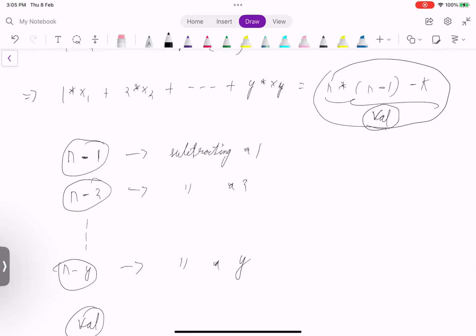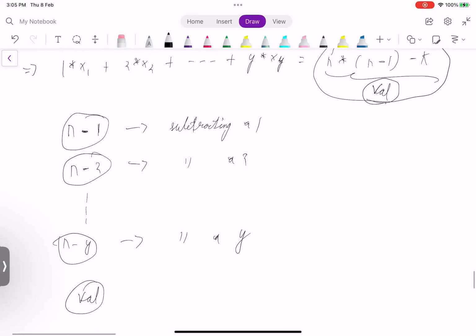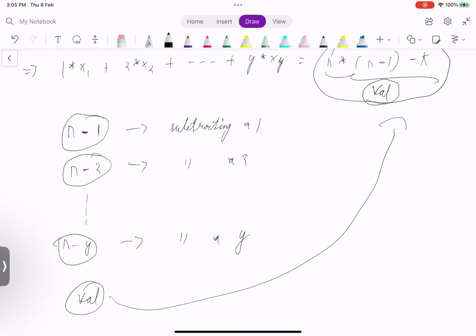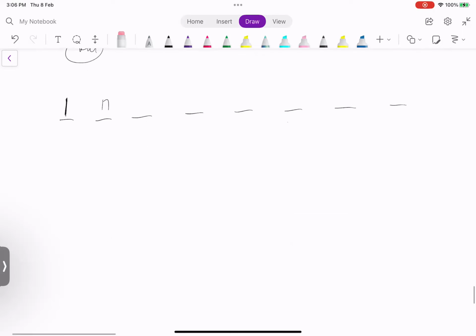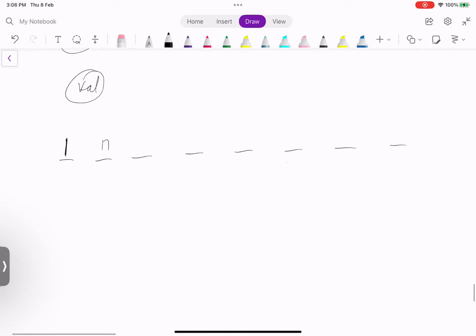The RHS is n into n minus 1 minus k. So by value I'm referring to this RHS. So now if I put a 1, that means no matter what we put here, we'll for sure generate n minus 1 as the value, n minus 1, n minus 1, so on till n minus 1 here, right?